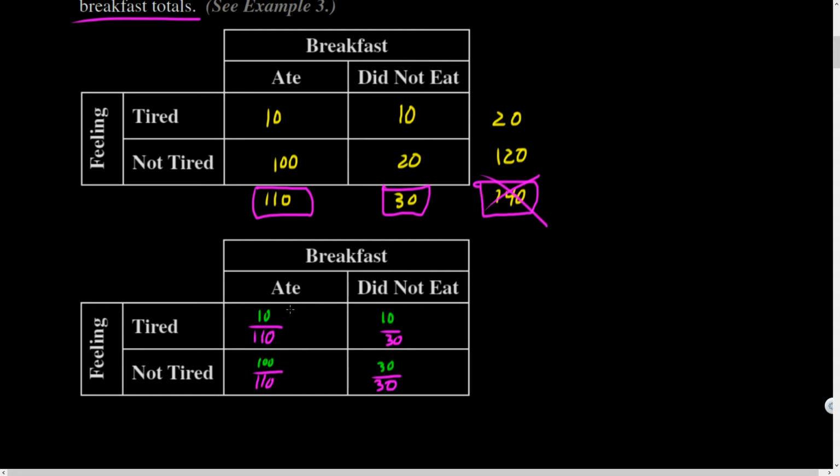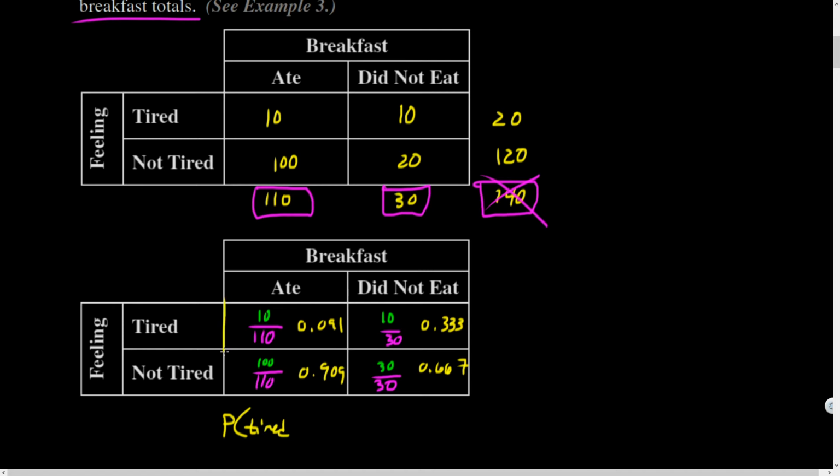And so if I divide these out, I get 0.091, so just about 9%, 0.909, about 91%, 0.333, and 0.667.